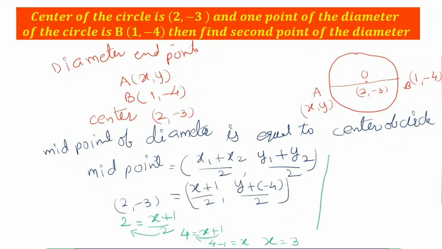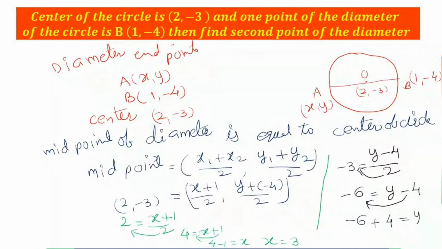Next, equate the y coordinates. Minus 3 equals (y minus 4) by 2. The 2 is transposed from right to left: minus 3 times 2 is minus 6, equal to y minus 4. Minus 4 is also transposed to the left to get minus 6 plus 4 equal to y.